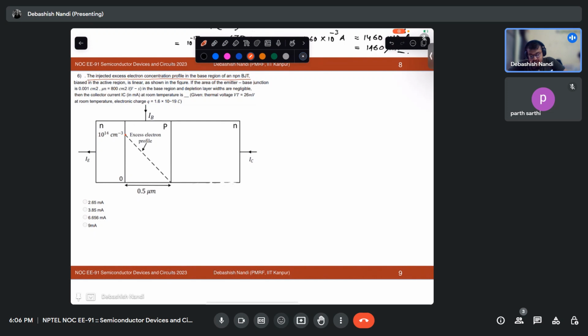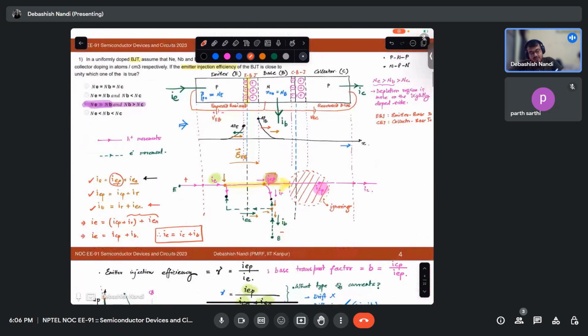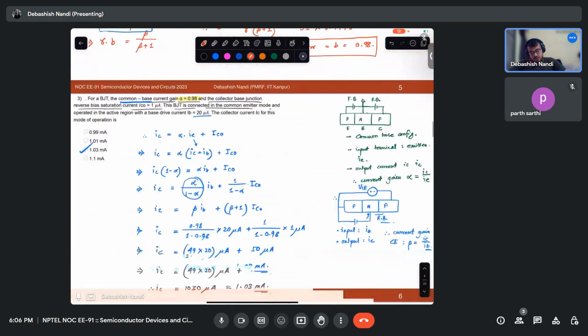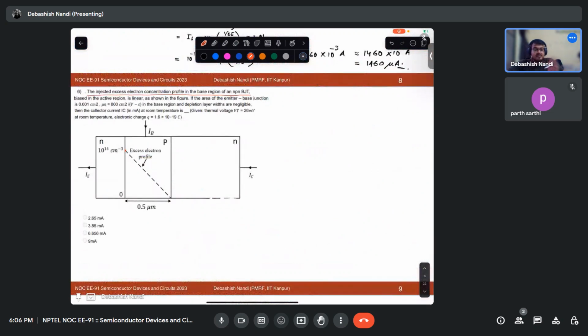They are starting the excess carrier concentration from the metallurgical junction itself, but it is not the case, right? We have seen that it starts from the depletion edge, as in PN junction analysis also. So the first thing is that they are ignoring the depletion region.